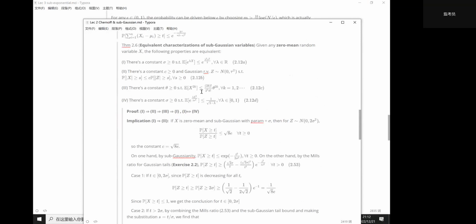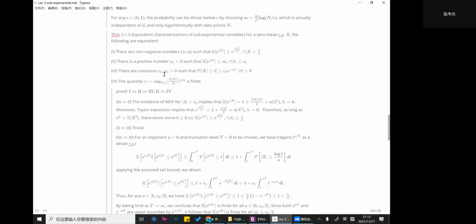The third one is the constraints of the moment, especially the even order moments. The fourth condition is something where the power is x squared but not x. So this is about sub-Gaussian.